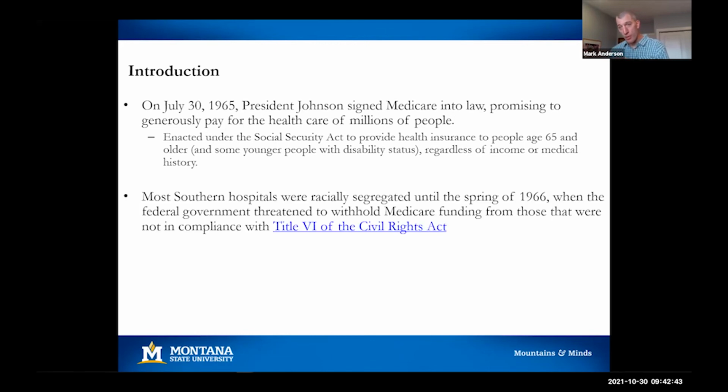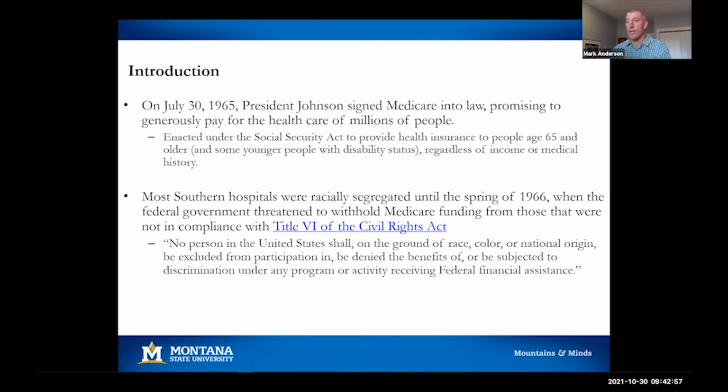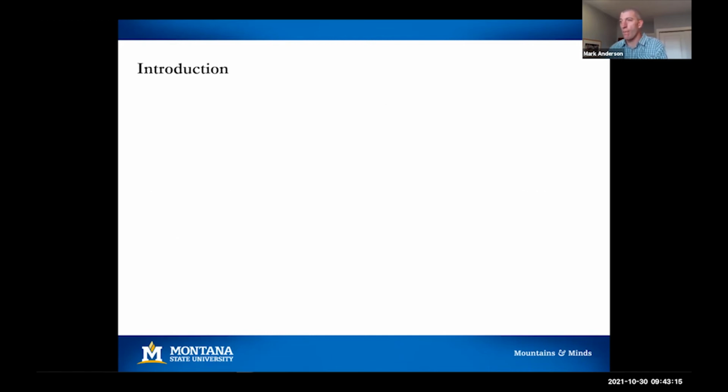Most Southern hospitals were indeed segregated all the way through to the spring of 66, when the federal government threatened to withhold Medicare funding from those that were not in compliance with Title VI of the Civil Rights Act. So what did Title VI say? In short, it said that no person in the United States shall, on the ground of race, color, or national origin, be excluded from participation in, be denied the benefits of, or be subjected to discrimination under any program or activity receiving federal financial assistance.